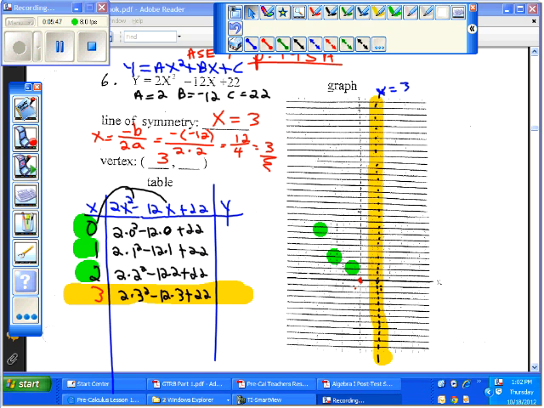And what we're going to do is find out where the vertex and those 3 left wing points are. Okay? Understand what we're doing?